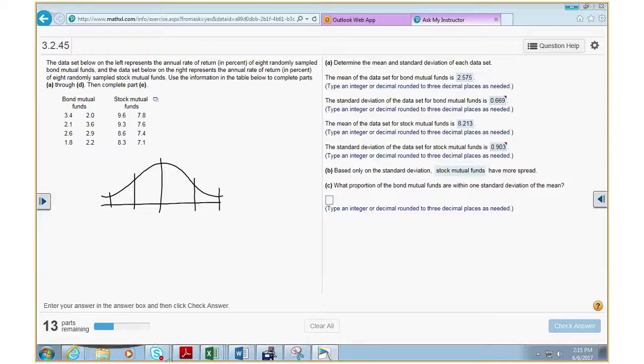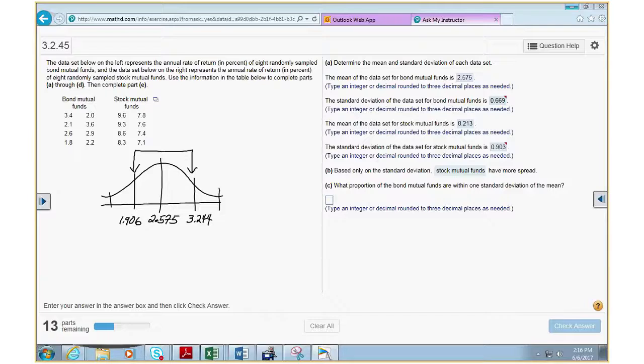I'll just round them. 2.575, 2.575, and what's this first one? Add your standard deviation. What is it? 3 point what? 3.2. And what's the one below it? 1.906.